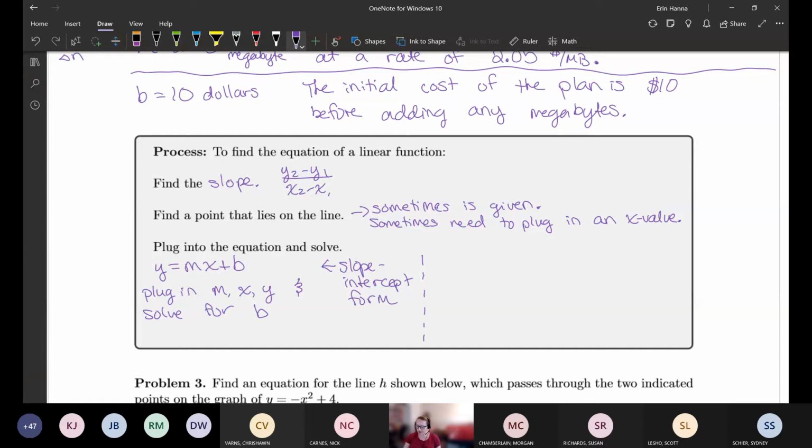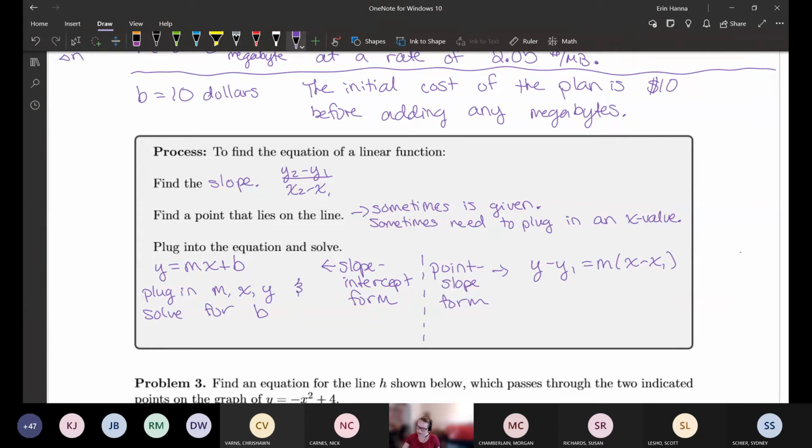There's another one I don't think people use as often, but it's the point slope form. If you know it and you prefer it, then you can use it. But if you don't like it, then you don't have to use it. So the point slope form is y minus y1 equals m times x minus x1.